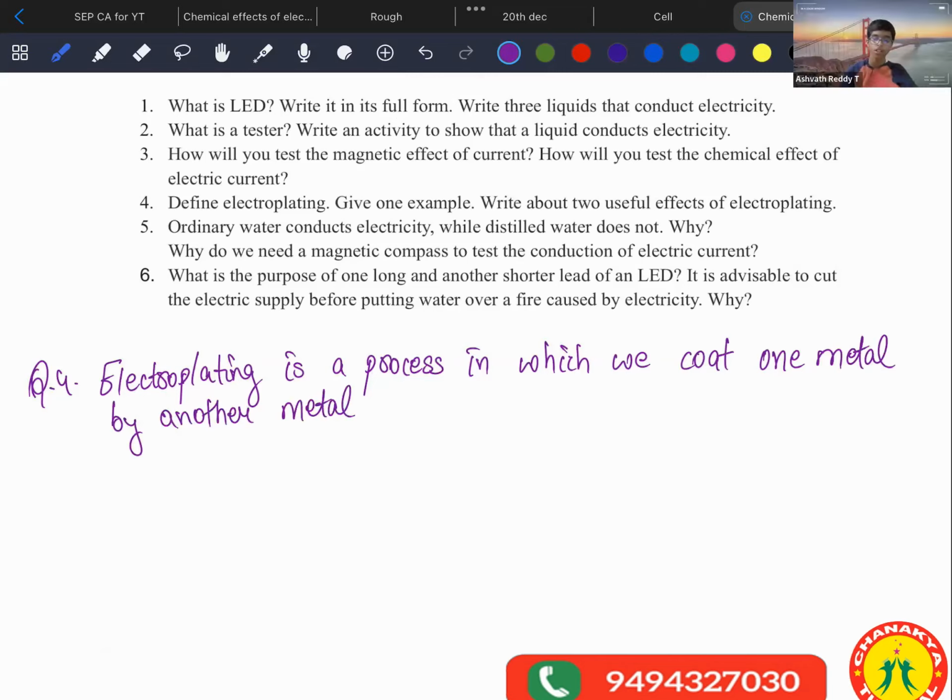Okay, electroplating is a process by which we coat a desired metal on another metal, perfect.